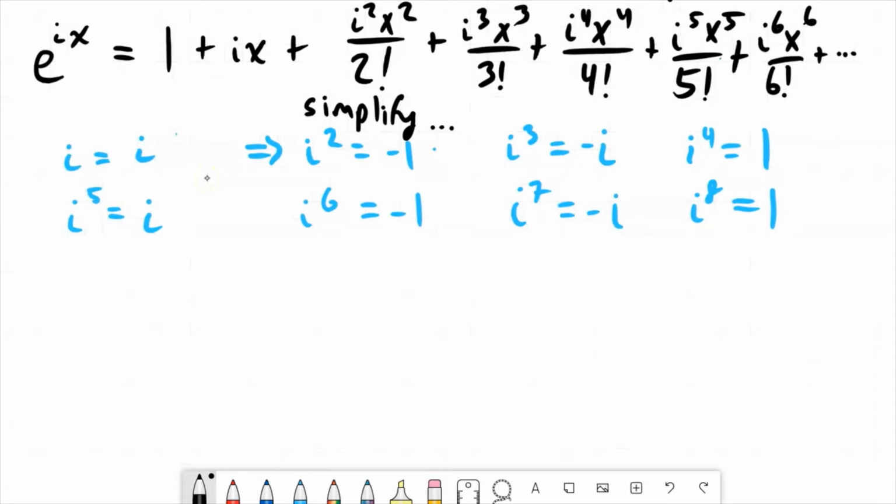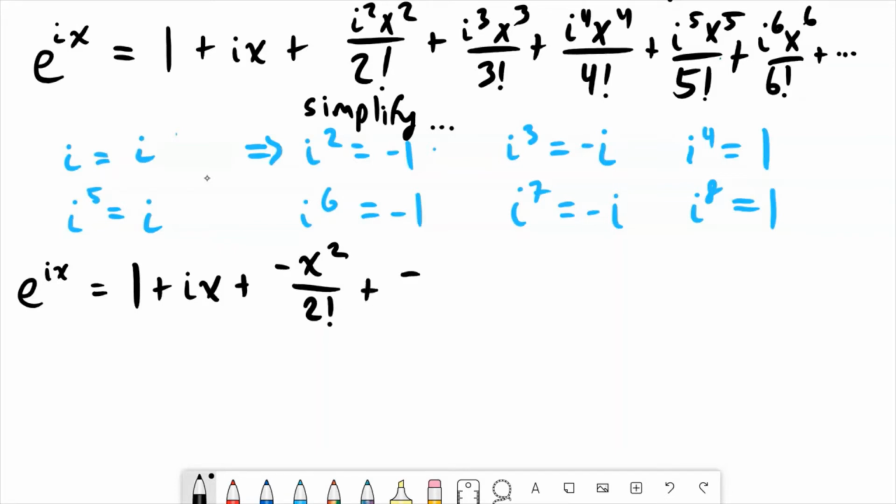We get e to the ix is equal to 1 plus ix, okay, very cool, i squared, which is -1, so plus -x squared divided by 2 factorial. i cubed is -i, so it's going to be plus -ix cubed divided by 3 factorial.